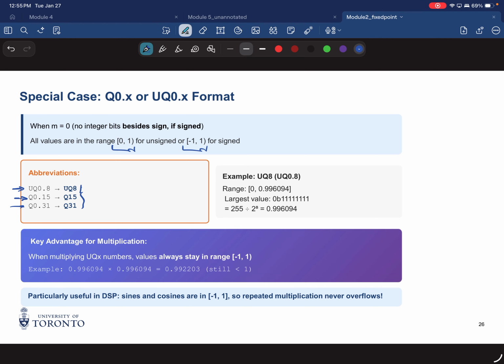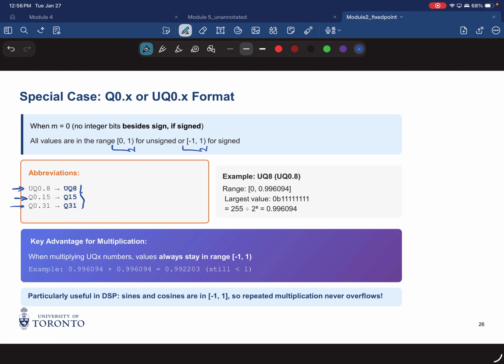Go ahead. Is there a difference between Q0.15 and Q1.15? Yes. When I say yes, it means that they're the same. Remember, at the beginning of the class, I mentioned that whenever you're only 1 bit away from the standard sizes, which are 8 bits, 16 bits, 32 bits, then assume that the sign bit is implied.